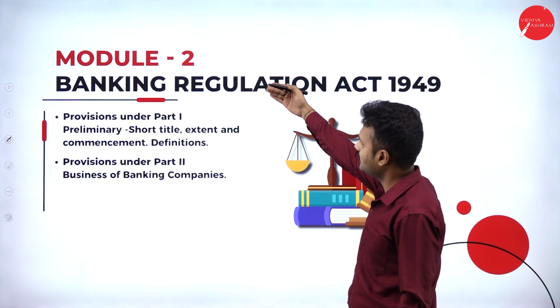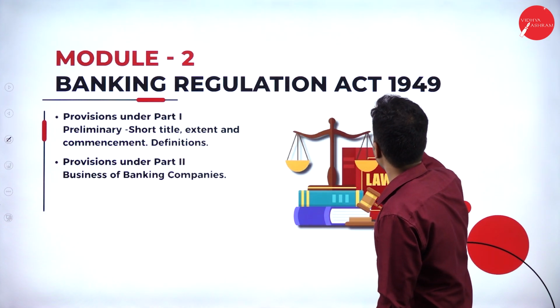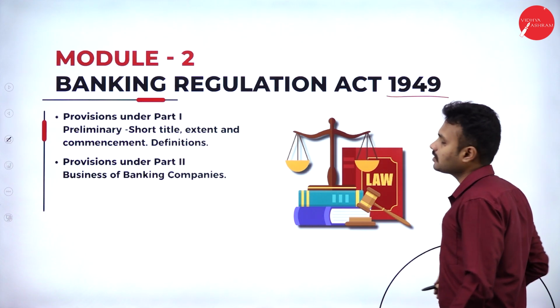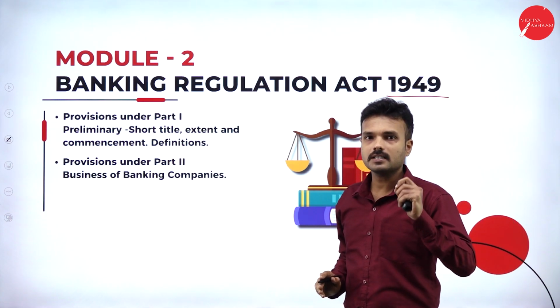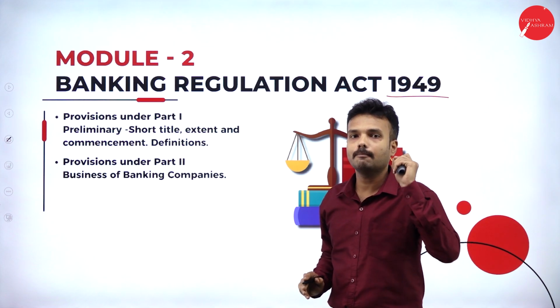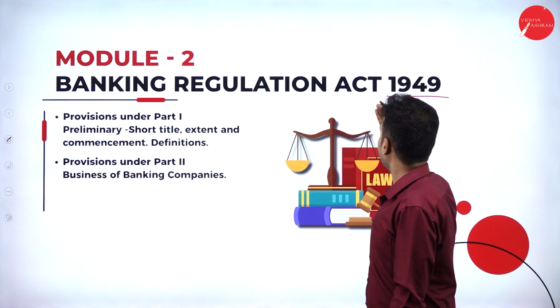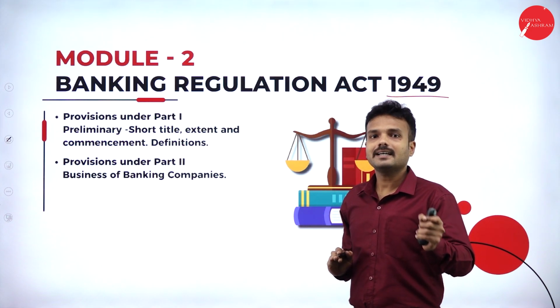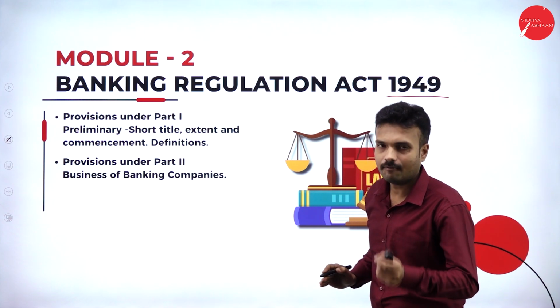These are the contents of Unit 2, that is Banking Regulation Act 1949. Actually, this Banking Regulation Act 1949 was started on 16th March 1949 as the Banking Companies Act 1949. Later, it was renamed the Banking Regulation Act 1949.